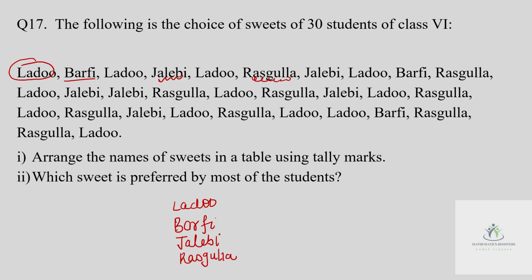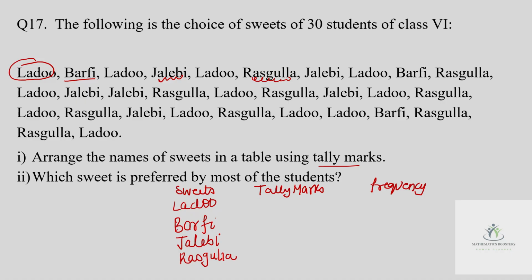It says arrange the name of sweets using tally marks. So these are the sweets. Next will be our tally mark column, and last will be frequency.